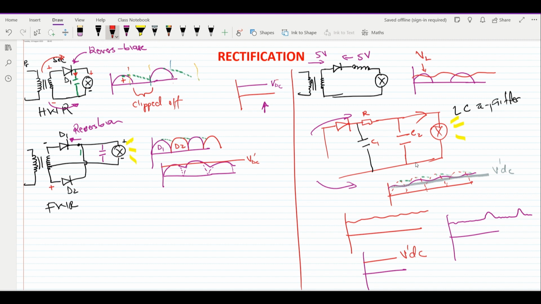Now, this begins from a half wave rectifier, a full wave rectifier, both center tap and bridge rectification, going back to a simple capacitor filter. After a simple capacitor filter, we have an RL filter, or let's call it an inductor filter.